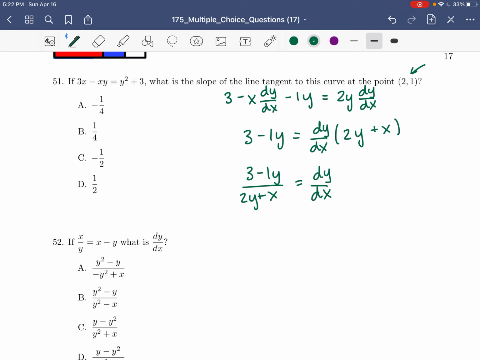And then I need to plug in the points, so all my x's will become 2's, my y's will become 1's. So 3 minus 1 times 1 over 2 times 1 plus 2. So you should get 2 over 4, which equals 1/2, or D.